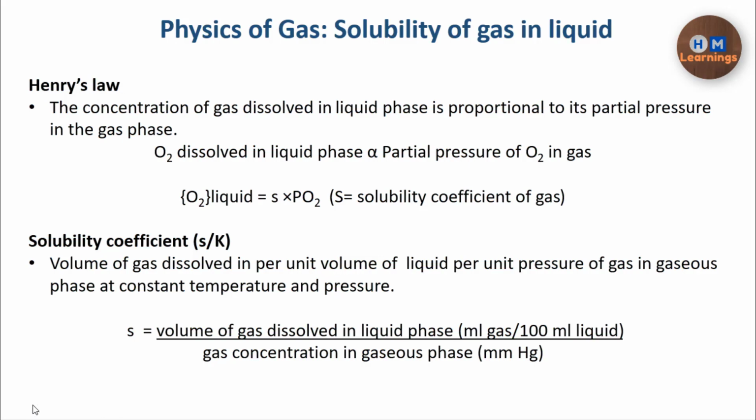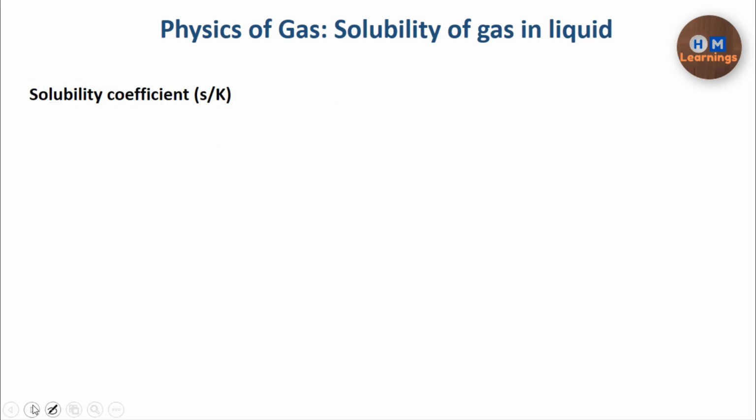Now the solubility coefficient, as I said, is different for different gases. It actually depends upon the solute and the solvent. So how the solute is going to interact with the solvent will determine the solubility of a solute in a solvent, as we have already discussed in the previous video, which is like dissolves in like, that is, polar dissolves in polar and non-polar dissolves in non-polar.